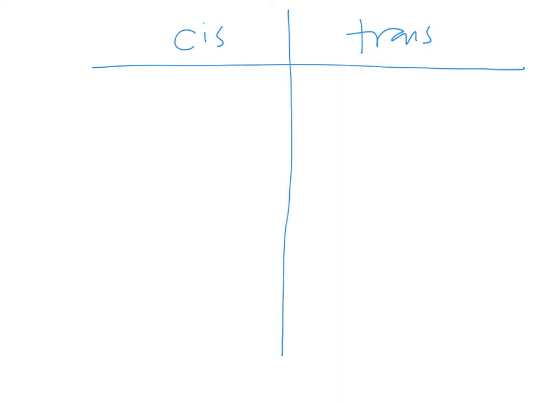So these are both types of regulation. And I brought it up in the context of the lac operon. Let me make it a little bit more broad, because this is not a concept that's specific to lac operon regulation.